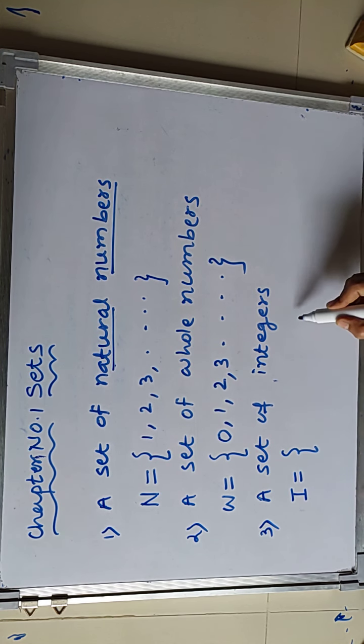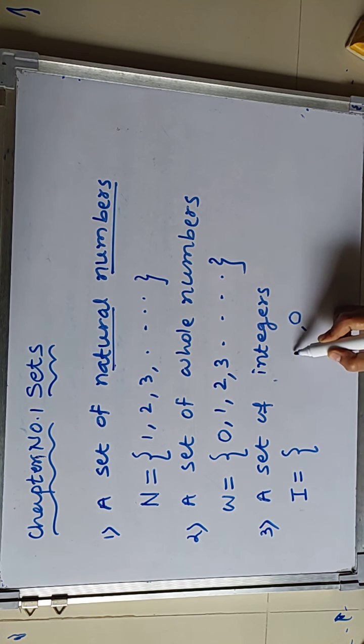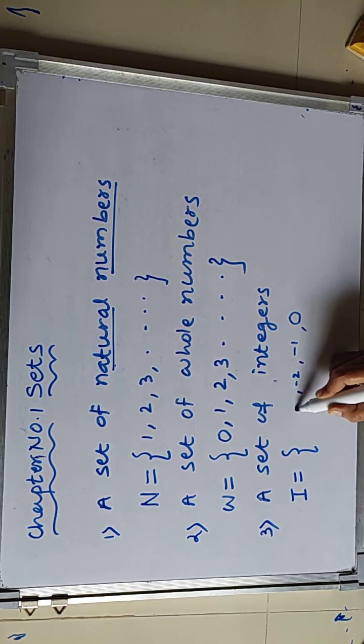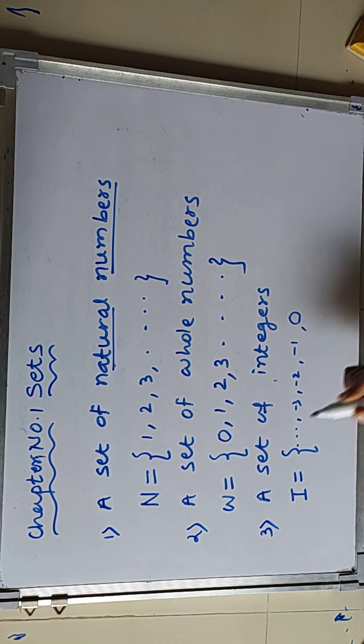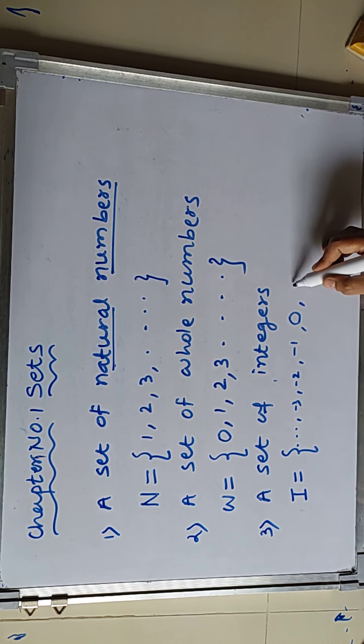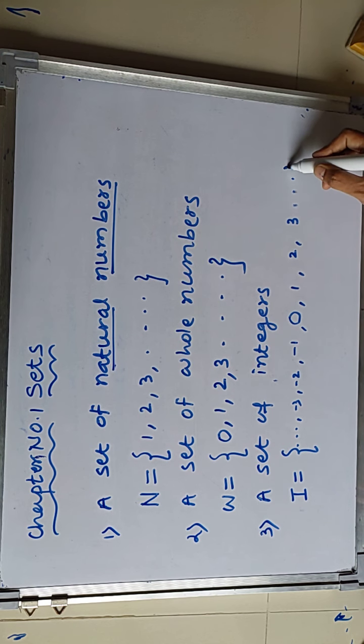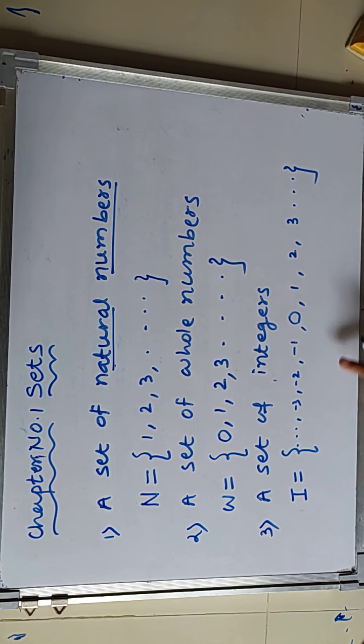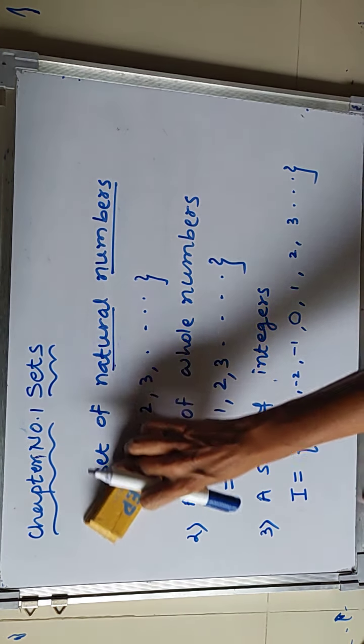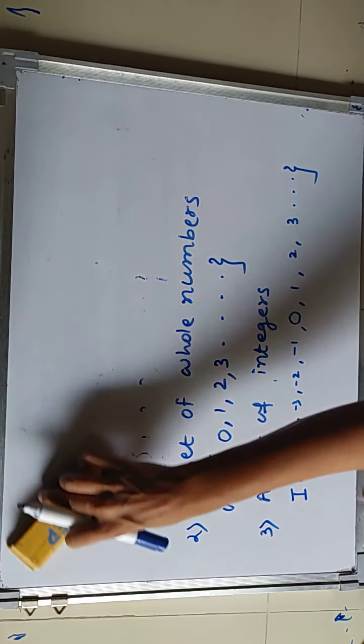Integers means, on a number line, on the left hand side of 0 you have to write negative numbers, -1, -2, -3 and so on. On the right hand side, positive numbers 1, 2, 3 and so on. It is said to be a set of integers. These are 3 examples. Now 2 more examples I am taking.